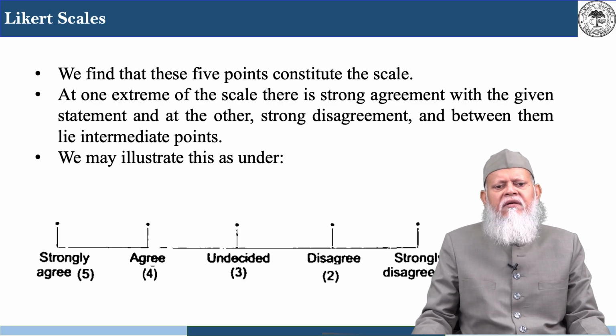We find that these five points constitute the scale. At one extreme of the scale there is strong agreement with the given statement, and at the other, strong disagreement, and between them lie intermediate points. This is given here in the figure.